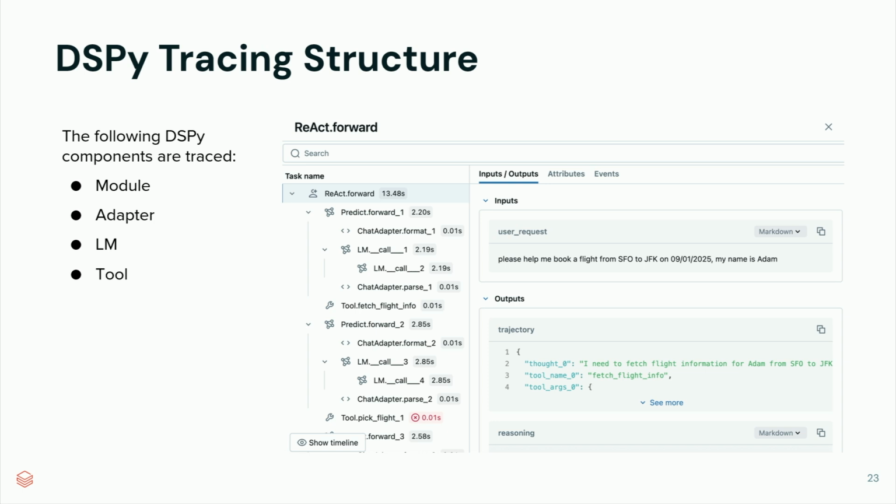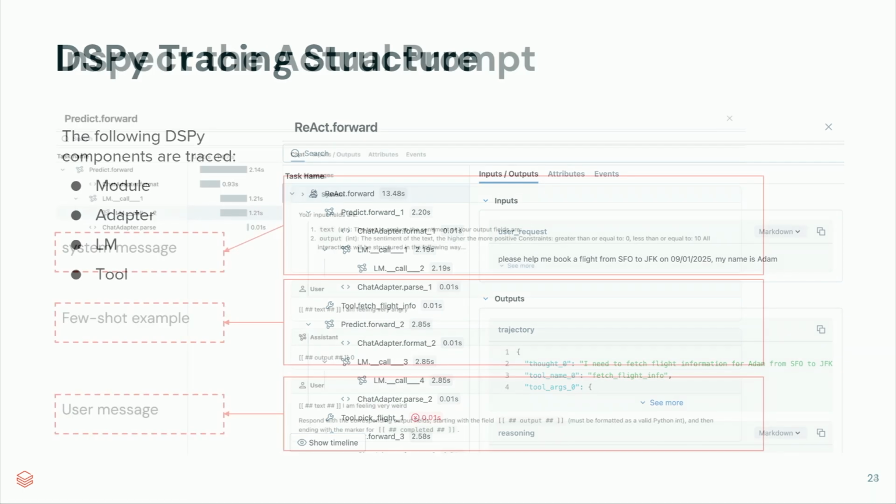This is done through the adapter. The adapter also parses the LM response into a structured output, even if the model doesn't support native structured output. And the LM call is traced, of course, and tools are also traced. Tools are important for building GenAI agents, so every tool call is traced. We'll see that in a demo.